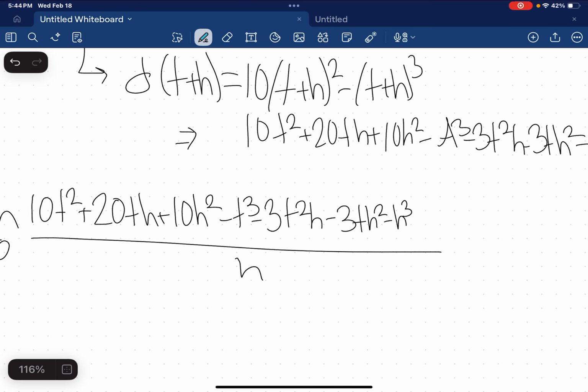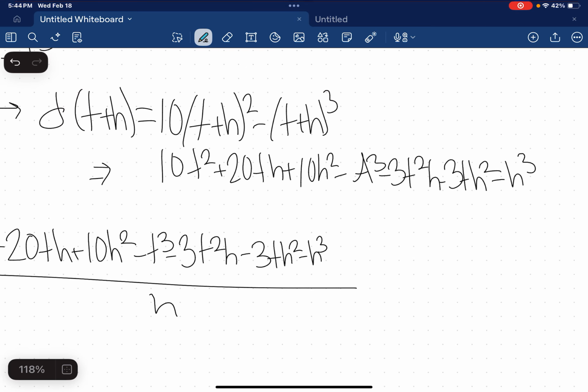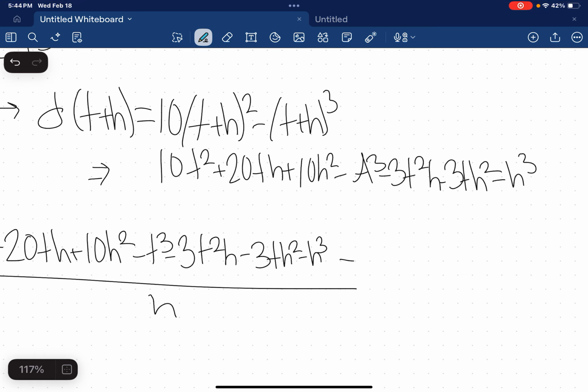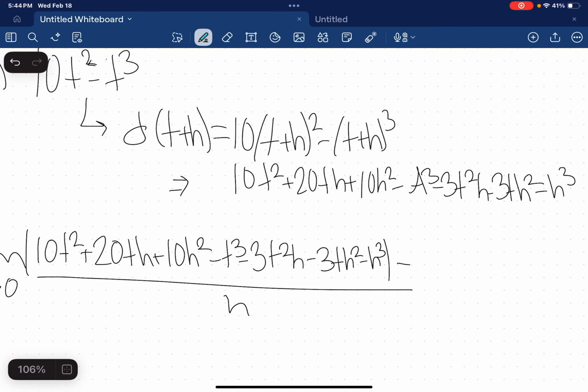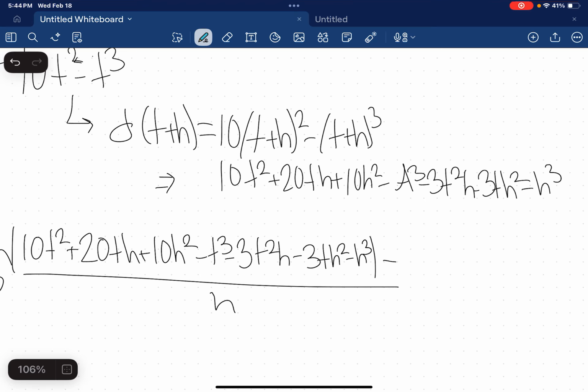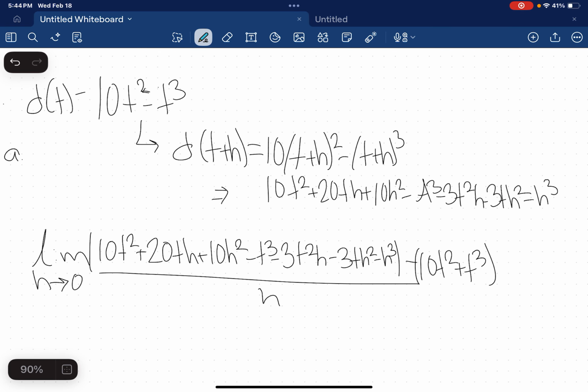Oh, wait a minute. I forgot to subtract this from the original function. So I'm going to put parentheses around that so we can recognize that it's one function of itself. Okay, so minus the original function. So minus 10t squared minus t cubed, so plus t cubed. And now we can start canceling things out.